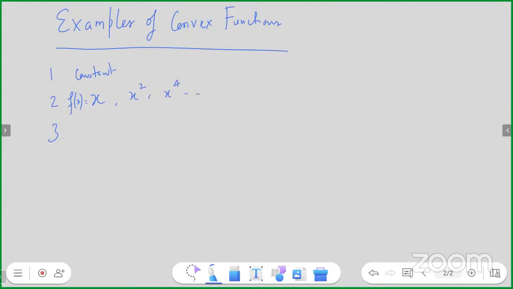Now, what other new functions do we know which are also convex? Sorry, e to the power x. Yes. Right. Can you actually show that this is convex from first principles? Just by the definition.